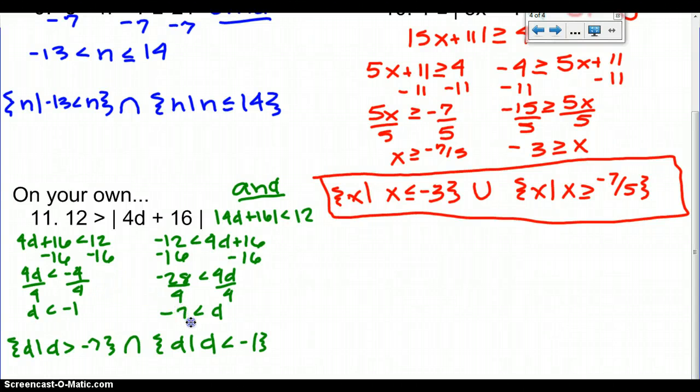The second equation I got negative 7 is less than d. Negative 7 is smallest, so I start with that and write it in set builder notation. Then I wrote my second one in set builder notation of d is less than negative 1. And since it's an and, it is an intersection, so I put our symbol in. And this whole thing is the answer.